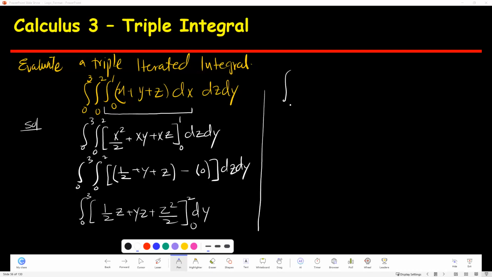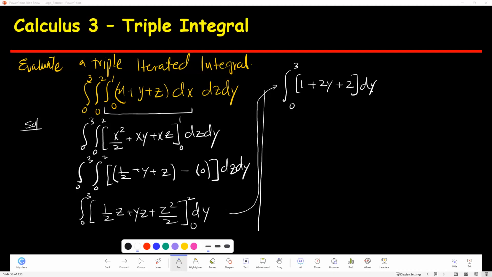We're going to substitute the limit, going to be 0 and 3 is left over outside. Inside is going to be 2 over 2, which is 1, and 2z, so it's going to be 1 plus 2y plus 2. 4 divided by 2 is going to be 2, dy. I'm going to take the last one and apply.